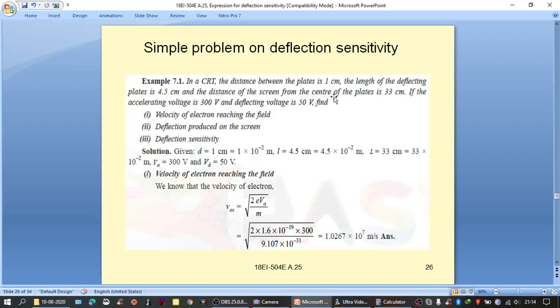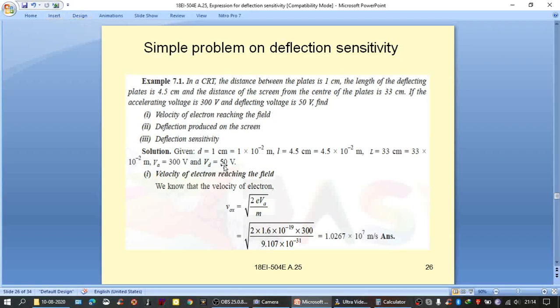Distance of the screen from the center of the plates is 33 centimeters, L is equal to 33 into 10 power minus 2 meters. Then accelerating voltage VA is 300 volts and deflecting voltage VD is 50 volts.